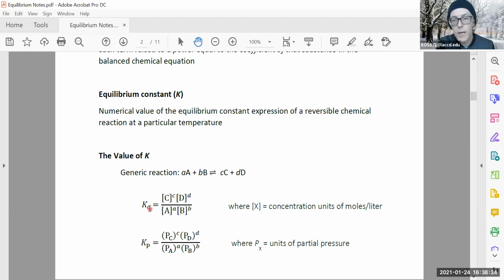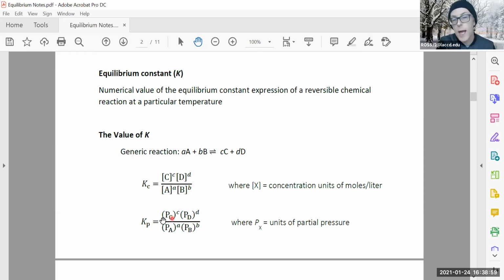So that's what this lowercase c means, where it's the product of the products raised to their molar coefficients divided by the product of the reactants raised to their molar coefficients. So here we have [C] to the cth power, [D] to the dth power, divided by [A] to the ath power, [B] to the bth power, where square parentheses means molar concentration.